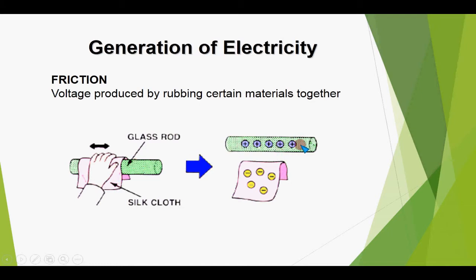The one would be positively charged and the other would be negatively charged, and when we touch these charged materials to some other material, this would cause the current to flow.